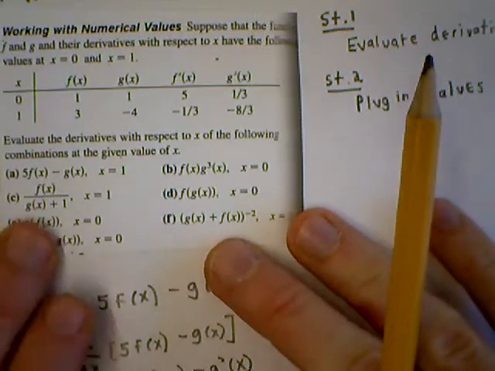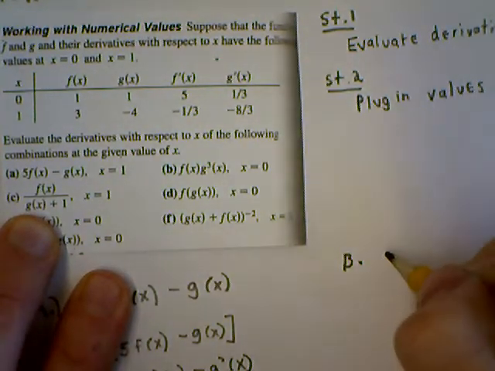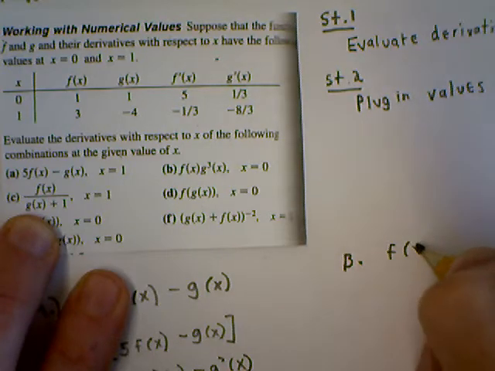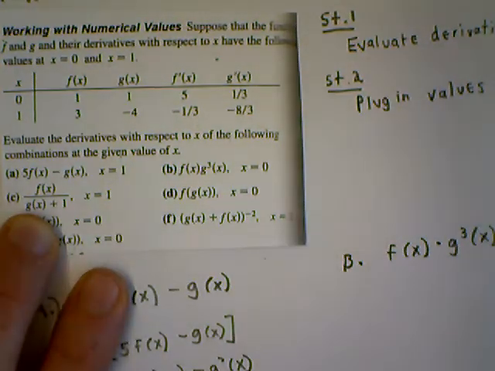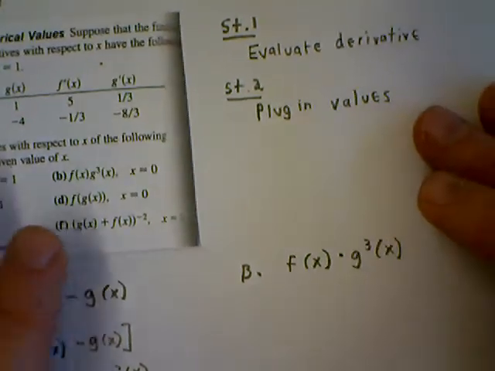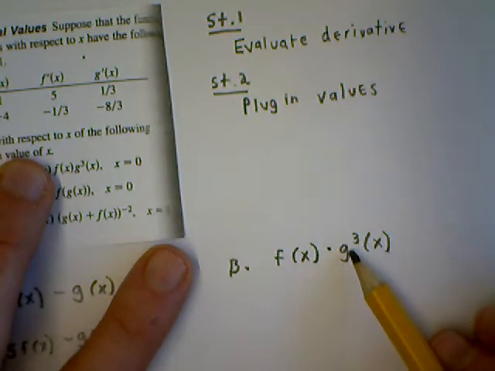Now for part B, I have f of x times g cubed of x. Before I start with taking the derivative, I'm going to need to rewrite this notation.